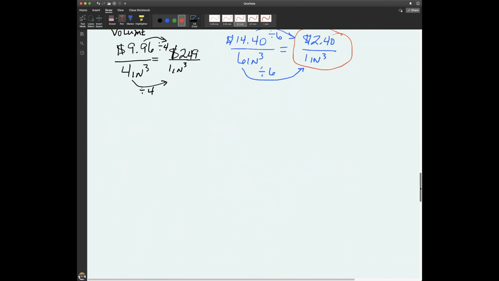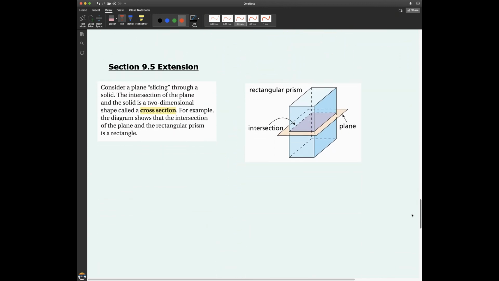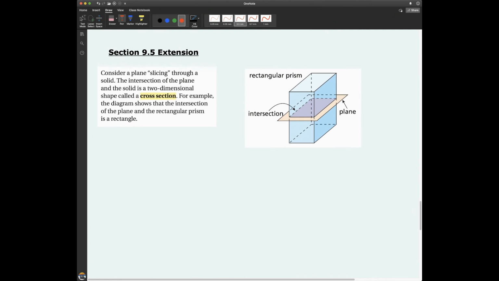Let's move on and quickly talk about 9.5 extension. You guys are going to find this to be an easy peasy section. So what you want to do is look at this drawing. You want to look at this plane, which is right here, and I'm going to have this plane intersect this solid.